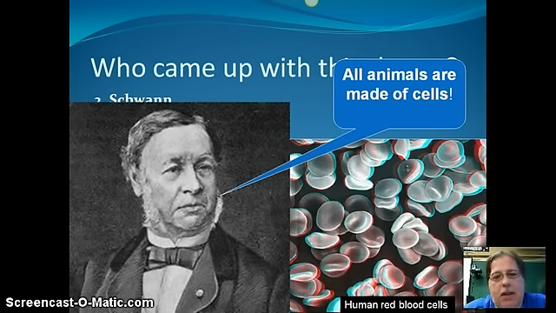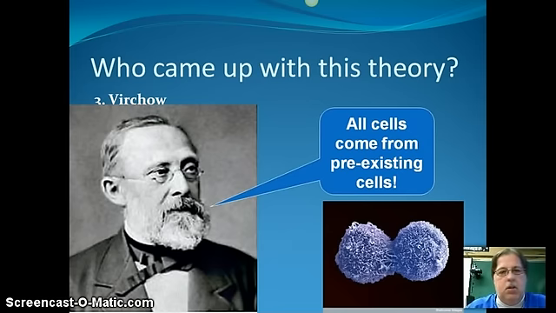Another guy named Schwann came up and he looked at animal cells. He said, wait a minute, all animals are also made up of cells. Well, if you have plants and you have animals and they're all made up of cells, what else kind of life do you have? I don't know. Then Virchow came in and said all cells come from pre-existing cells.